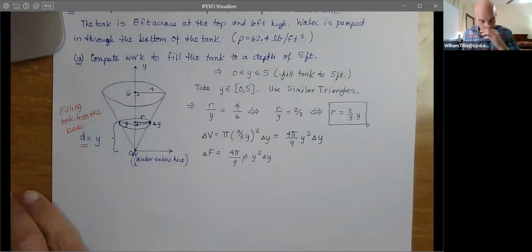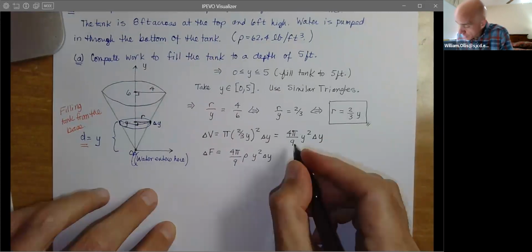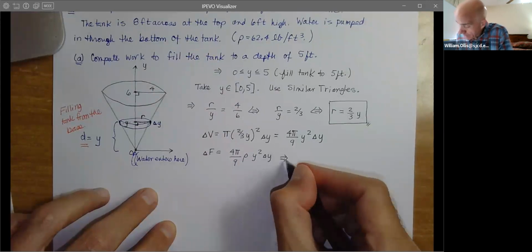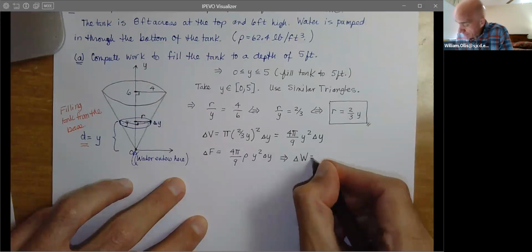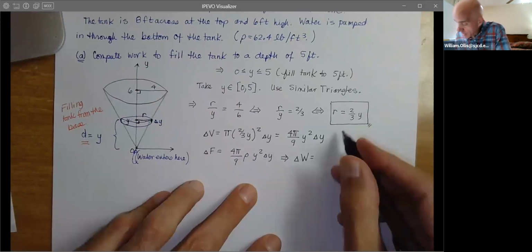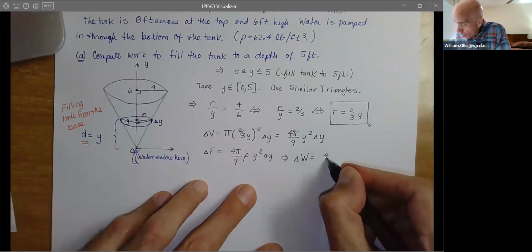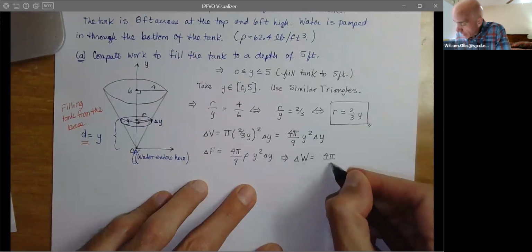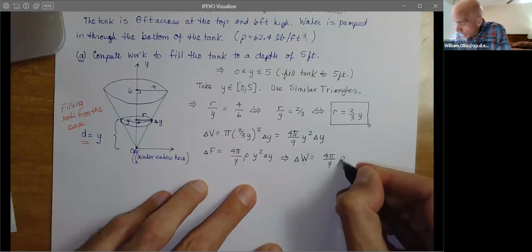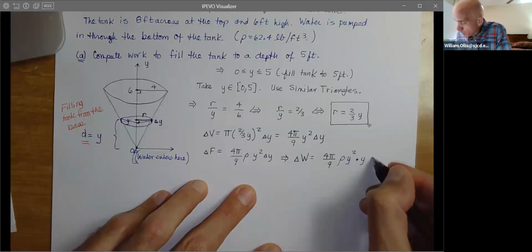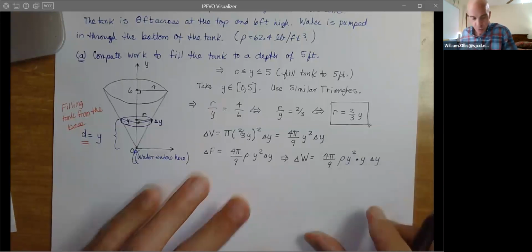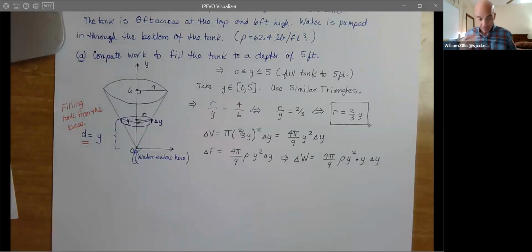Now, if you will, we can do the work. So this implies the work for this particular slab will be the force times the distance. So this will be 4 pi over 9 rho, and I'll write it separately, y squared times the y, and I'll just put the delta y on the end because it looks better that way.